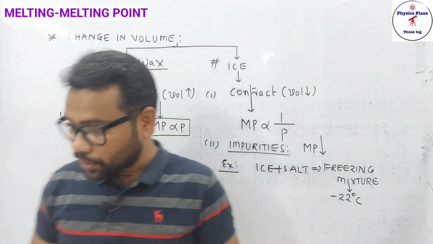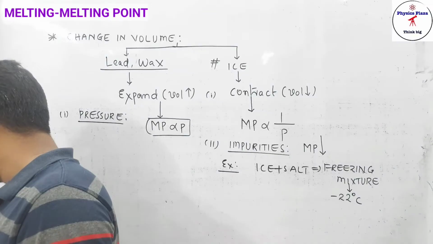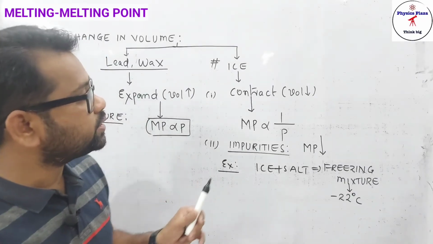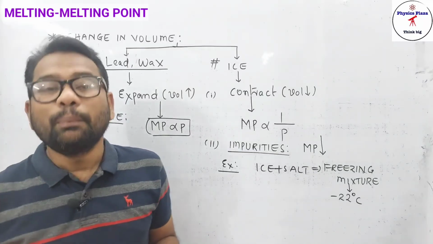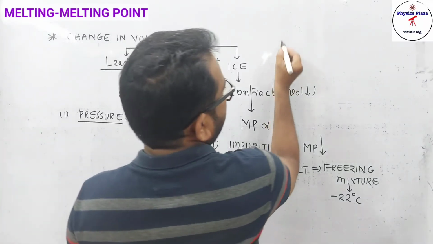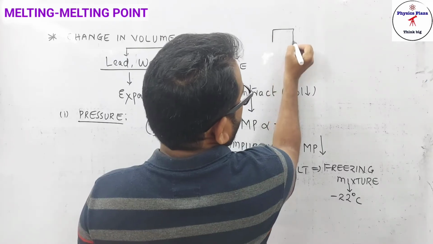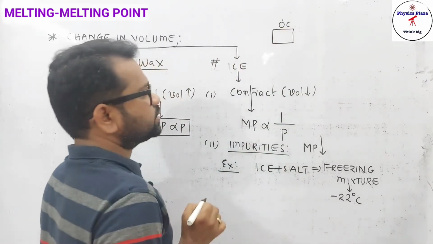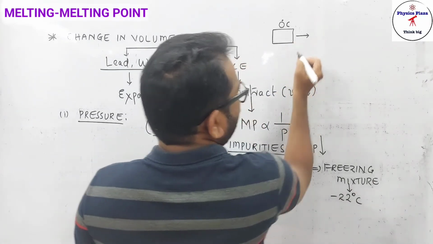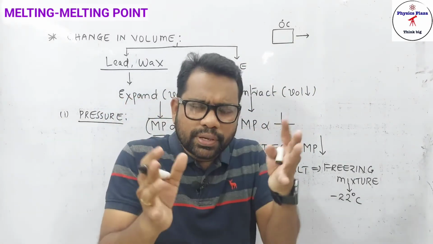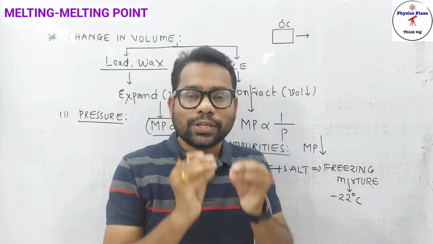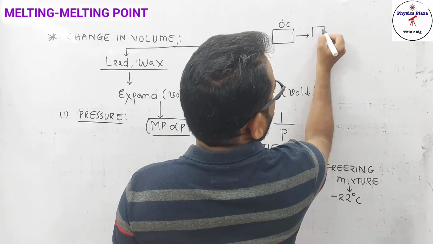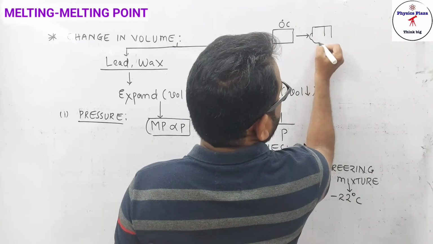Clear? Fine, children. Now one more important thing is the heating curve of ice during melting. Let us take ice, children. It will be at 0 degrees Celsius. Now, when you start heating it, do you think that the complete ice disappears immediately and forms water? No. Slowly it starts melting, which means there will be a stage where you have ice plus water.